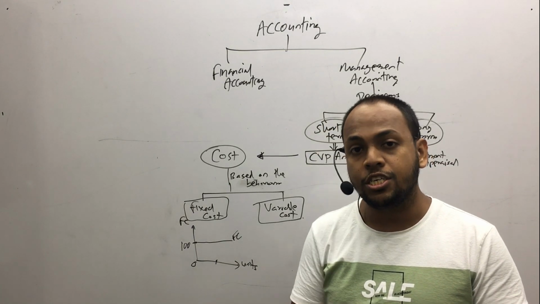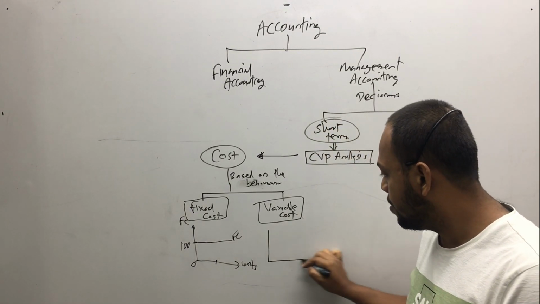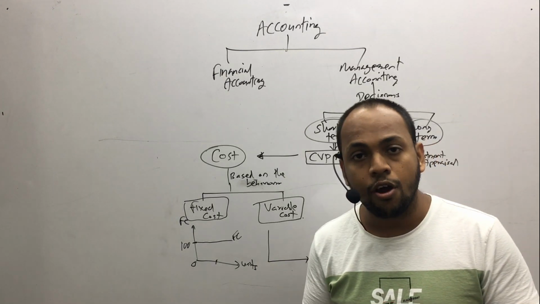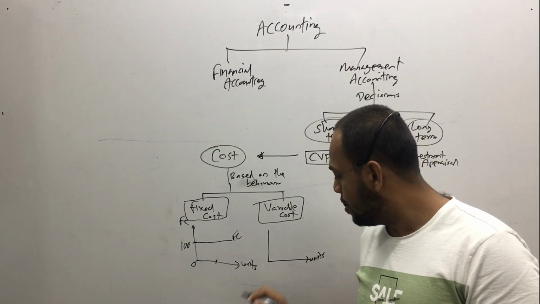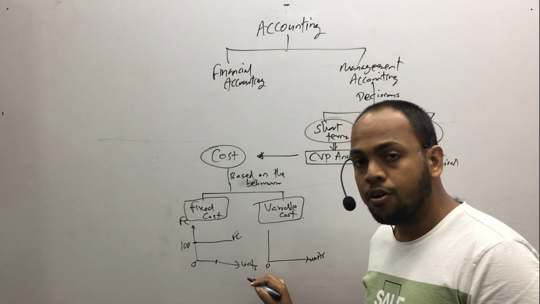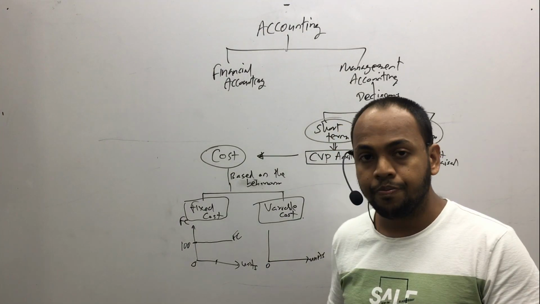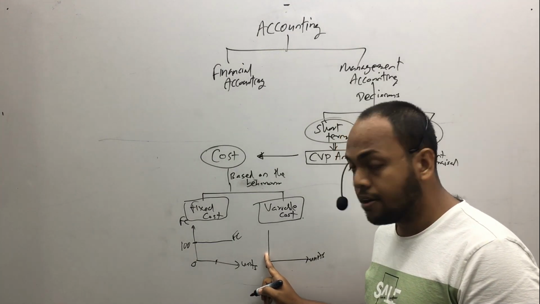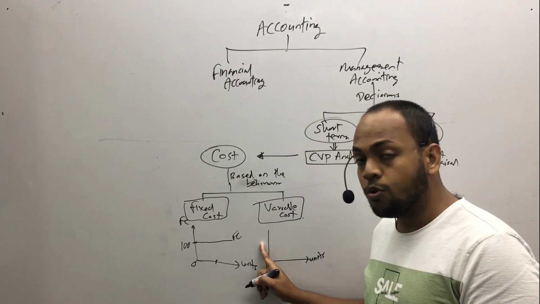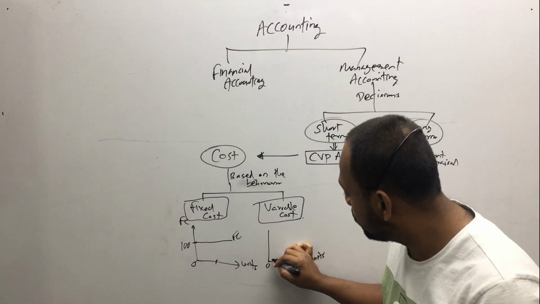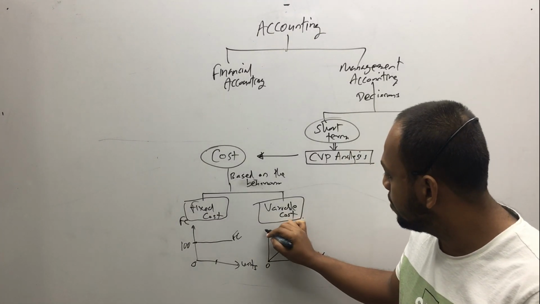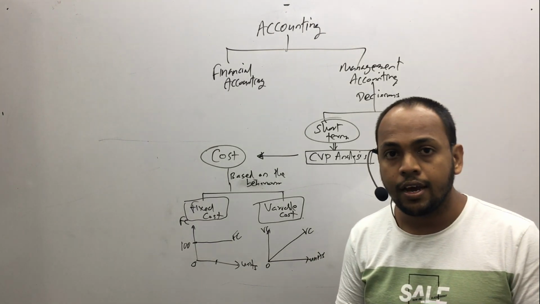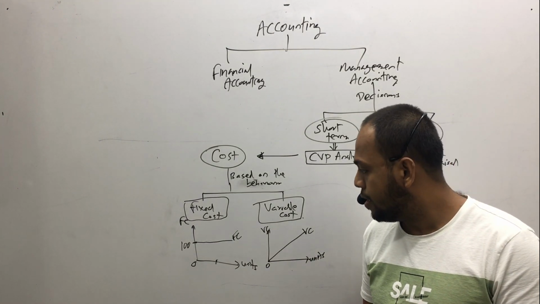Variable cost changes with the number of units. If you are not producing any units, if the number of units is 0, variable cost is 0. If this is 1, let's say this is 100, 2, this is 200, 3, 300. So the curve will be like this: fixed cost, and variable cost.